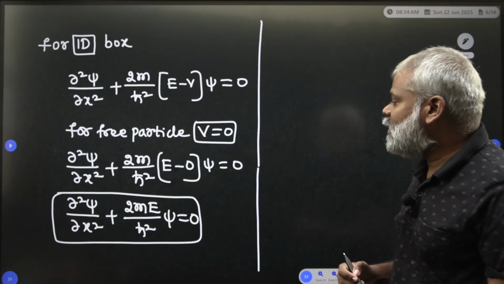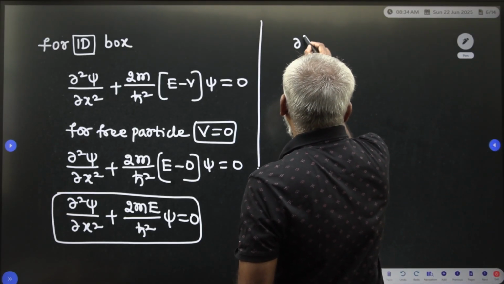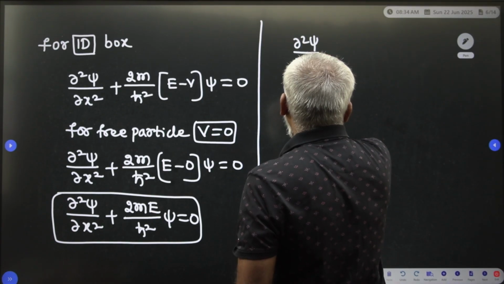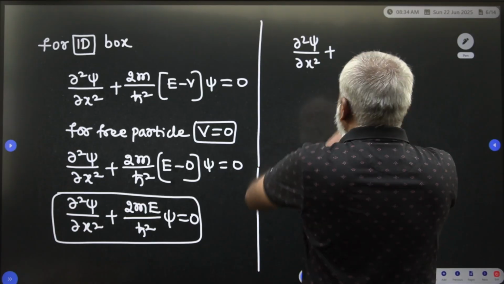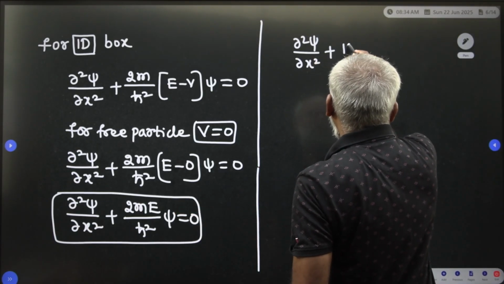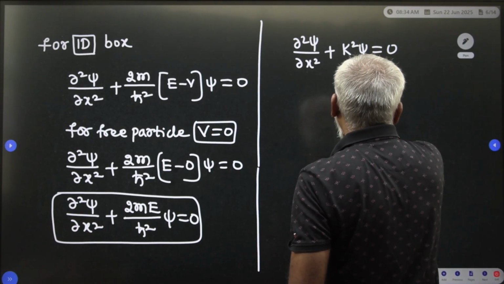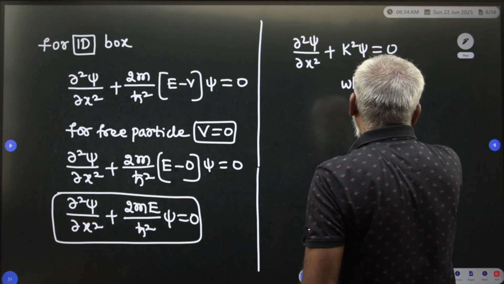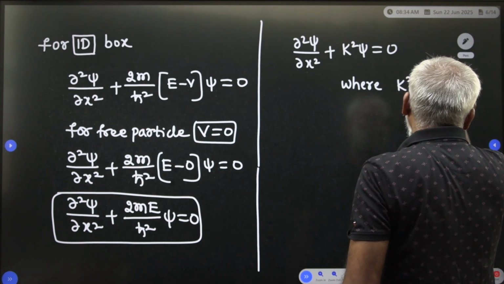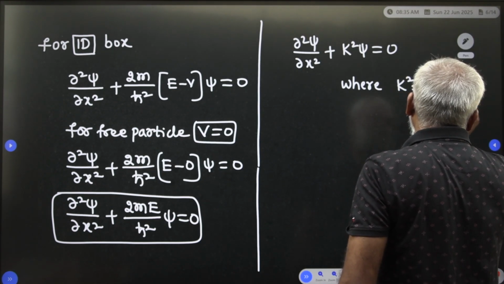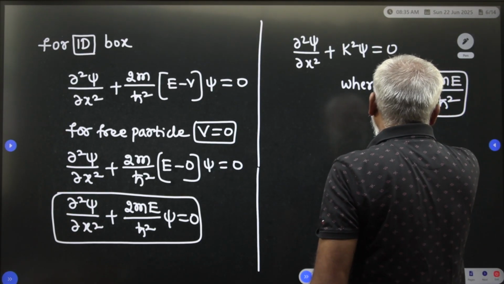Now, we need to solve this, where k² is defined as k² = 2mE/ħ². This is your k² value, correct.